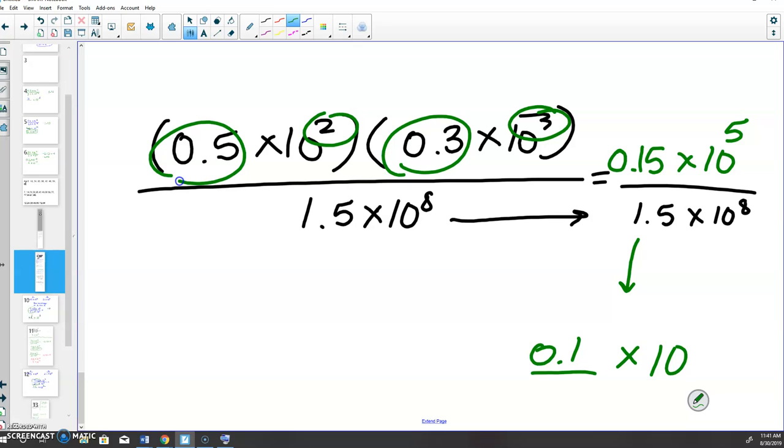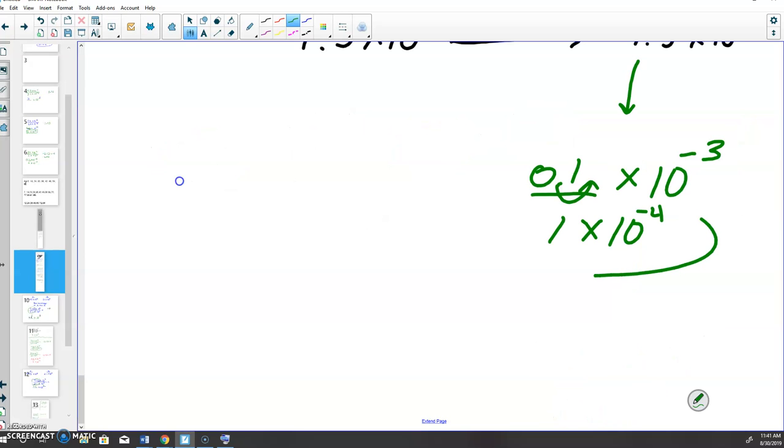Times 10 to the 5 minus 8. Negative 3. Is your decimal in the right spot? Move it back 1. So if you're at negative 3 and you move it back 1, you're at negative 4. And that would be your answer.